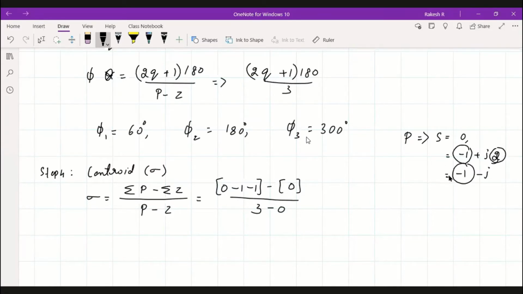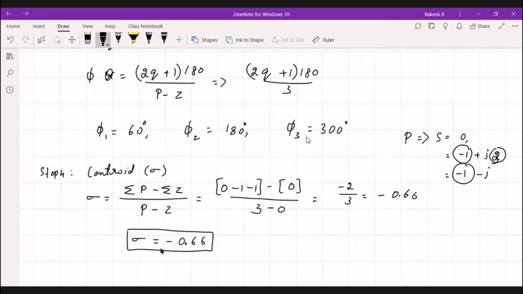So what will be the answer? It is minus 2 divided by 3, which is minus 0.66. So zeta will be minus 0.66 here.